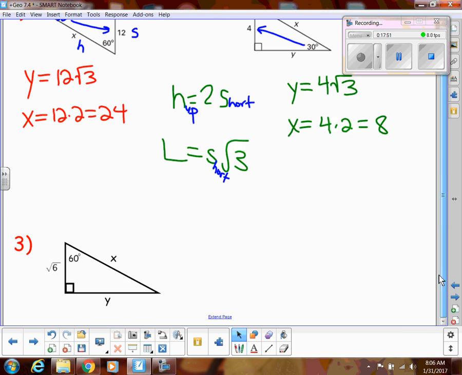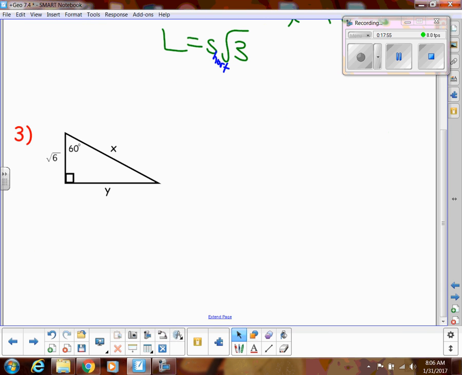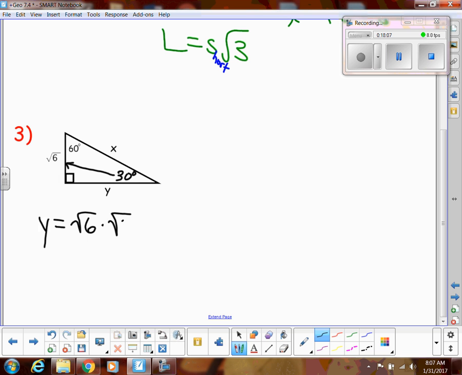All right, and then in this last one, got to mix it up a little bit. So this is across from the 30, so that means we're given the short side. So y is going to be the short side times the square root of 3. So a little bit involved. 6 times root 3 is root 18.